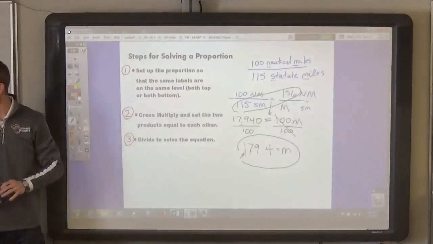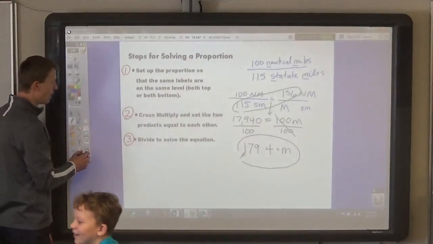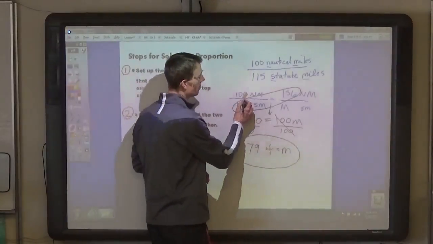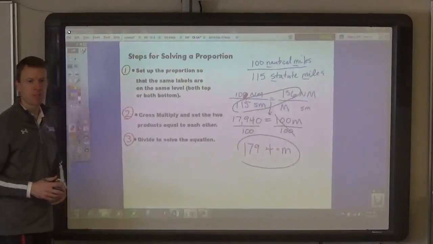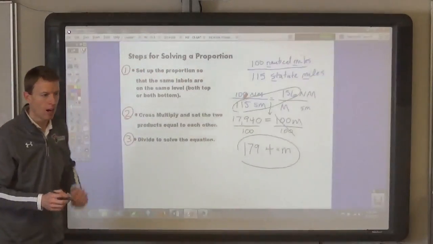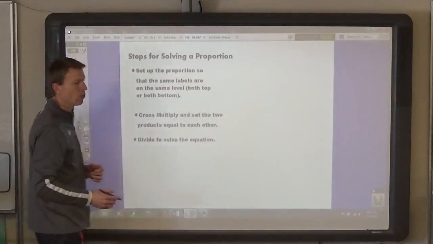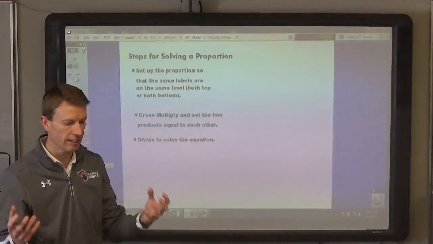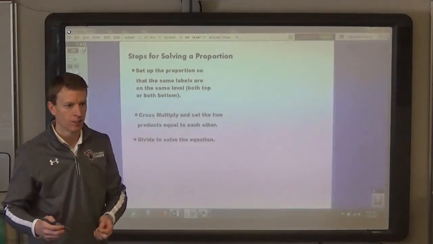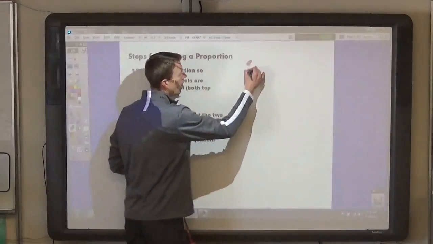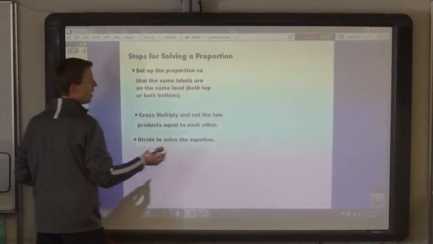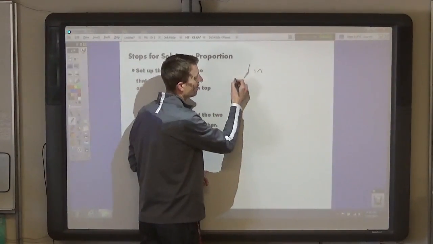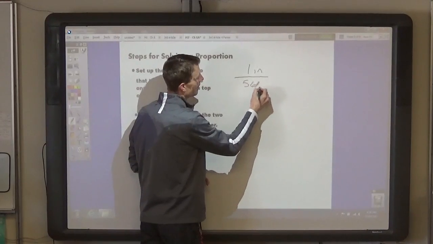Let me give you another example, one that's going to be on a test. Okay? On maps, oftentimes it will give you that a distance on a map equals an actual distance. So, for example, 1 inch on a map equals like 56 miles.